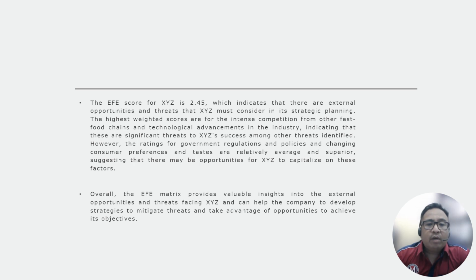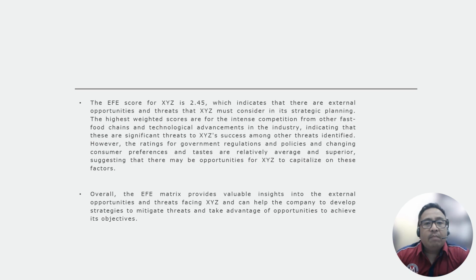Additionally, government regulations and policies, as well as changing consumer preference and tastes, have received a relatively average and superior rating, indicating potential opportunities for XYZ to explore. By acknowledging these factors, XYZ can develop strategies to navigate the competitive landscape effectively and leverage opportunities to enhance its performance and maintain its competitiveness.